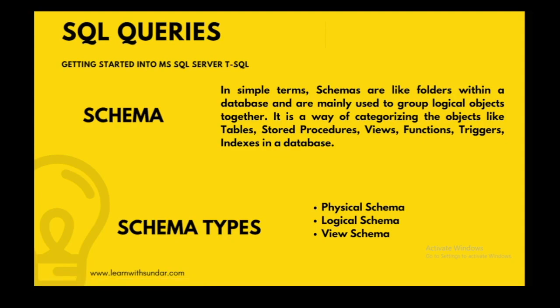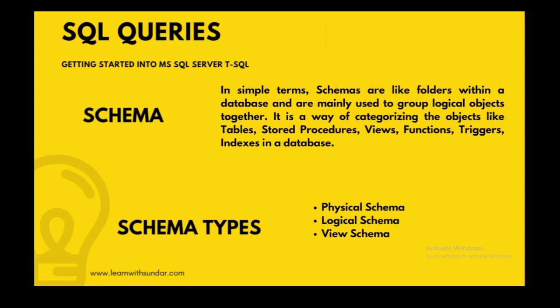Before creating a table in our database, there are some other things we need to know. I will be discussing two important things we need to consider before creating any tables in real-time scenarios. The first one is schemas and the other is normalization forms. In this video, we will discuss schemas, and in the next video, we will discuss the normalization forms.